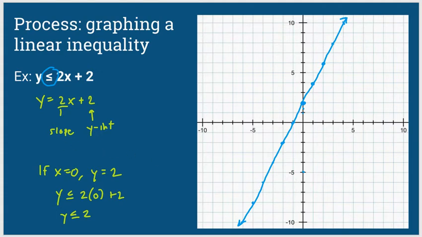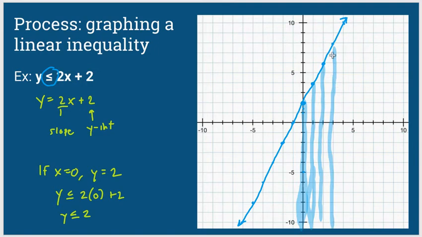And so actually what's going to happen is that I could sort of fill in this whole line of points where y is less than 2. And that's going to be true for every one of these points that I just marked on here. And it's actually also going to be true for every one of these in-between points on the graph.